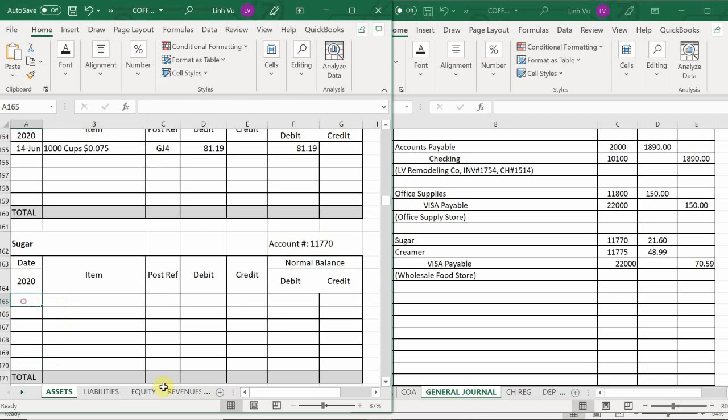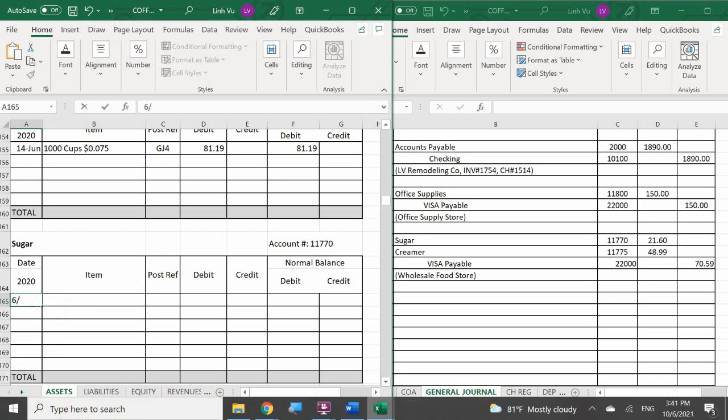Sugar, the 15, whole food store, pay with credit card. How many pounds of sugar did I buy? We bought 60 pounds for 0.36.